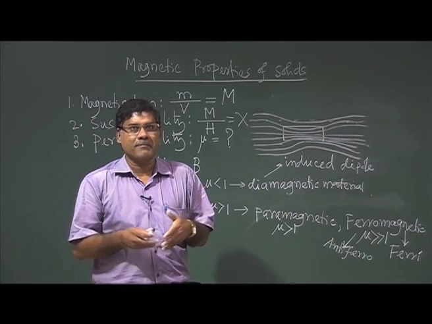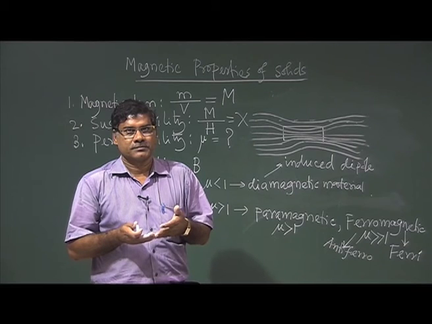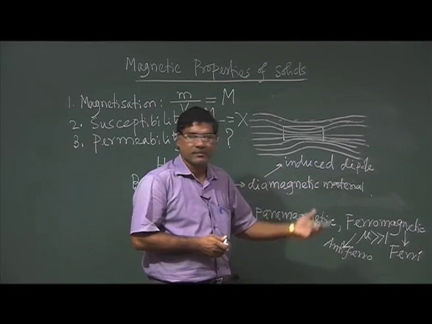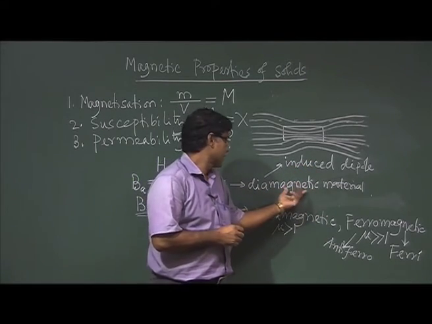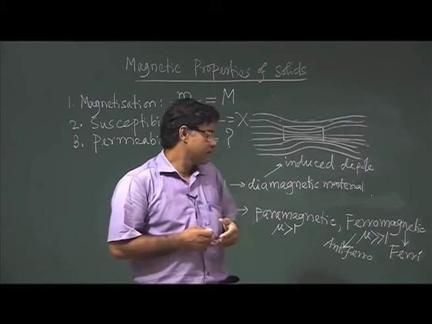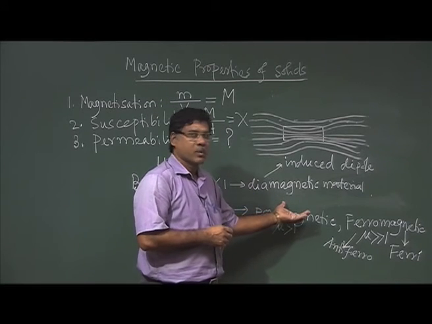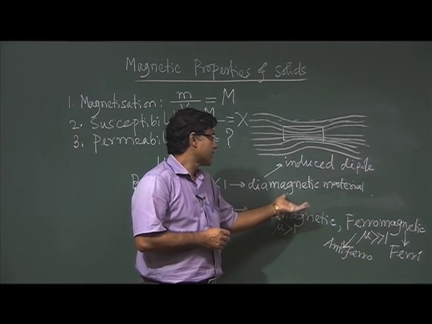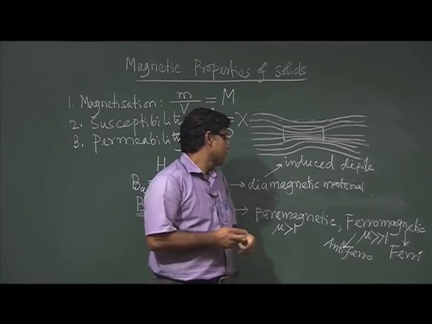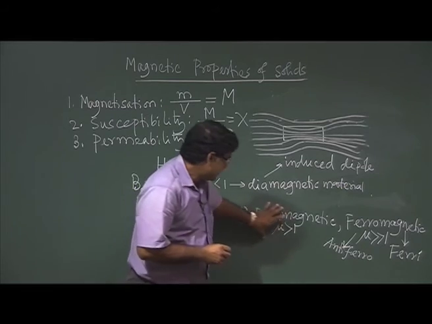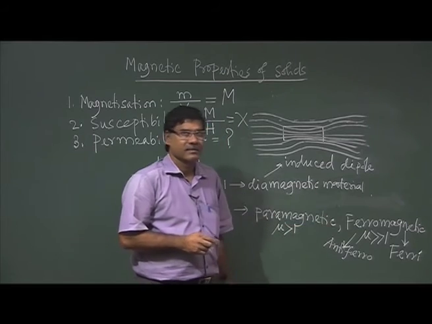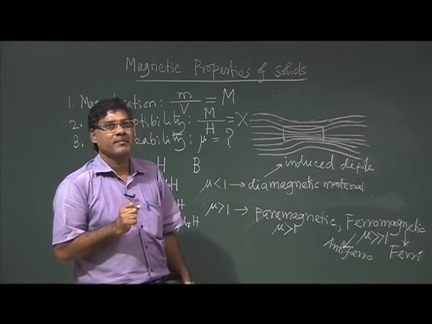Okay. If the material has permanent dipole moment, it may have induced dipole moment, so it will show the diamagnetic property. If it does not have the permanent dipole moment, but it has the induced dipole moment, then also it will show the diamagnetic property. But in this case, this property of the material is shown by those materials which have permanent dipole moment.